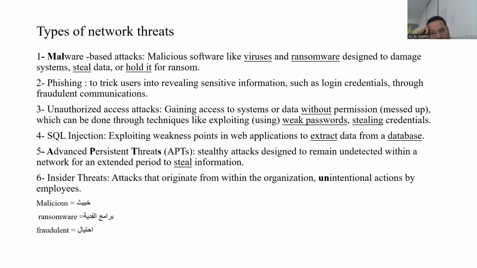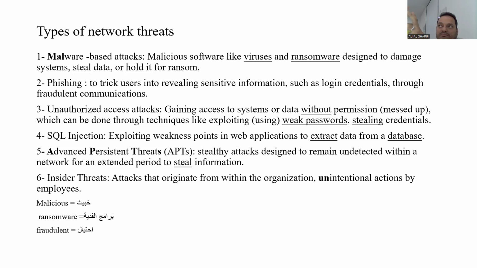Okay, let me come back to this slide, such as login credentials. That means your credit card through fraudulent communication, some illegal communication, okay?